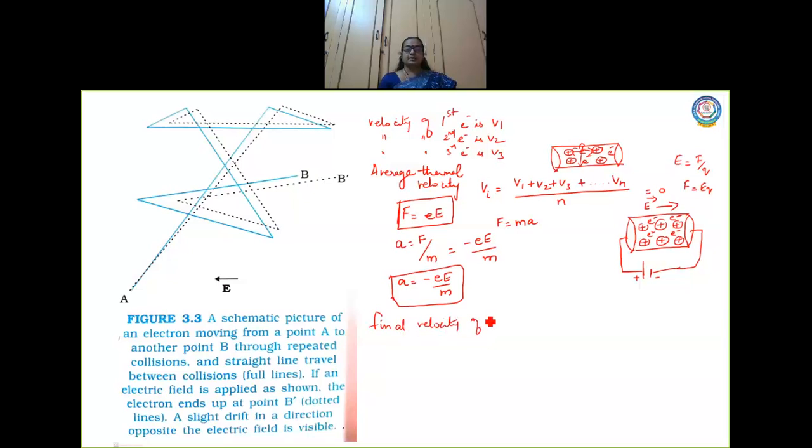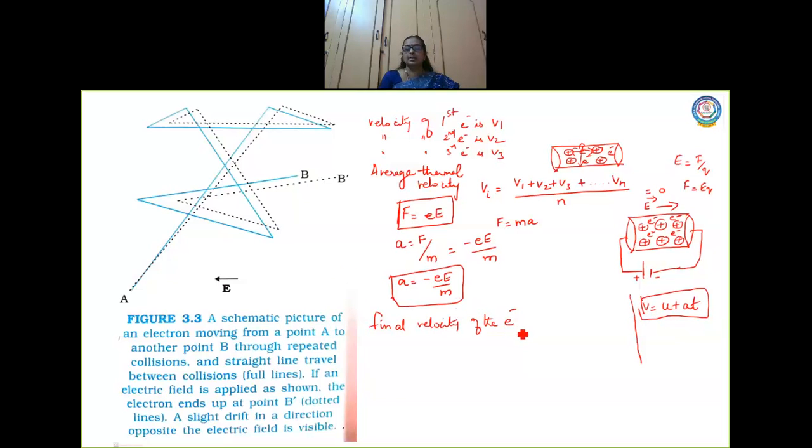To write the final velocity of the electron, I am going to take the equation of motion which you read once again in 11th standard: v is equal to u plus at. You remember this equation? This is the first equation of motion. So final velocity of an electron. Let us start with the first electron.